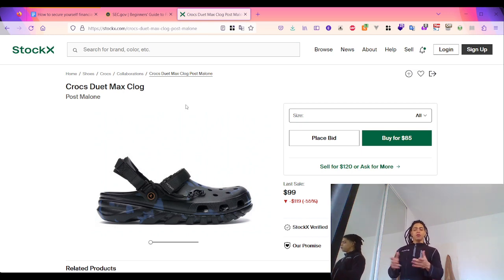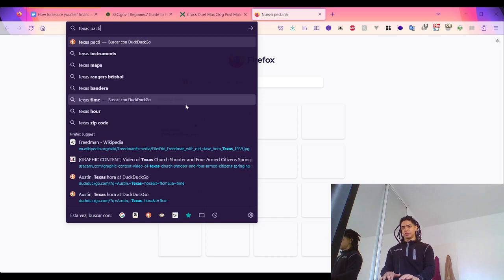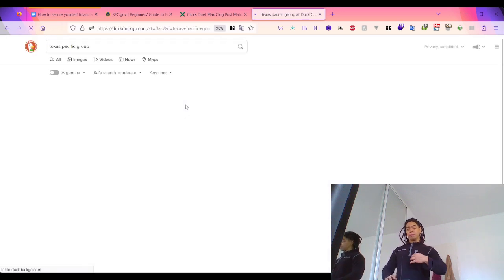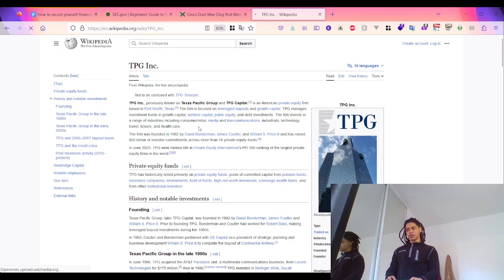Okay, also Texas Pacific Group, which is now a private equity firm. This is TPG, Texas Pacific Group. It's a private equity firm that invests primarily in real estate, home health, or healthcare. Again, this is another example.